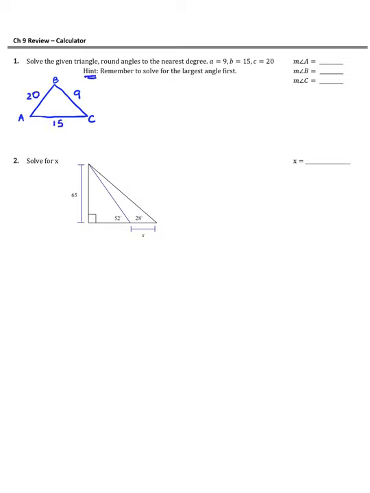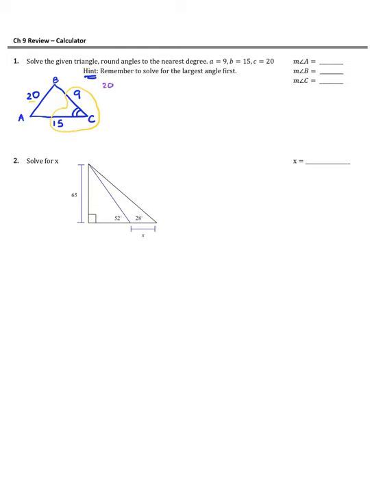I kind of gave you a hint here that you always want to solve for the biggest angle first so you don't run into problems. That would be angle C because it's opposite the longest side. So we use our side angle side here and then the opposite side.